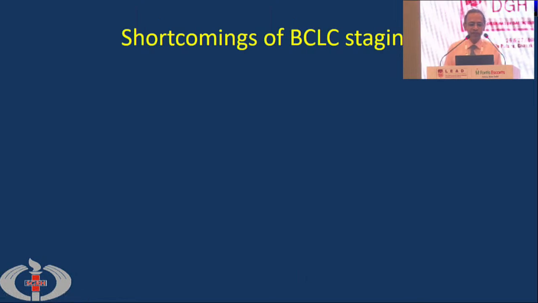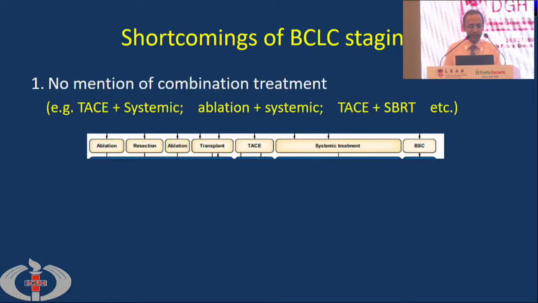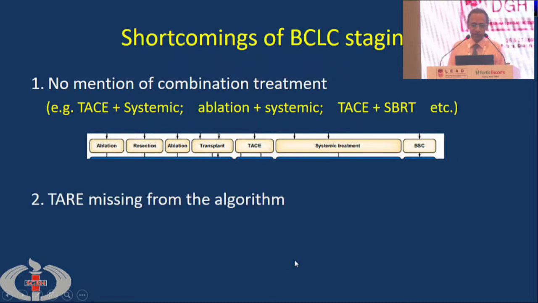So what have been the shortcomings of the BCLC staging? In the BCLC staging, there was no mention of combination therapy like TACE plus systemic therapy. So all we have is single modality treatment. This is the diagram from the BCLC staging, where you would either give TACE or systemic therapy or best supportive care. There's no mention of combination therapy.